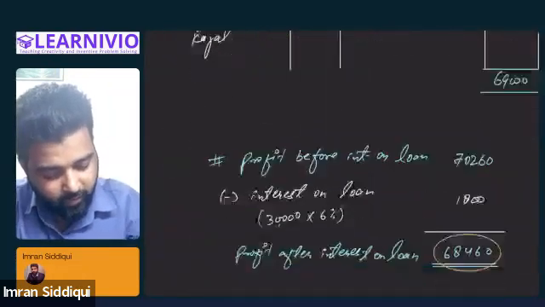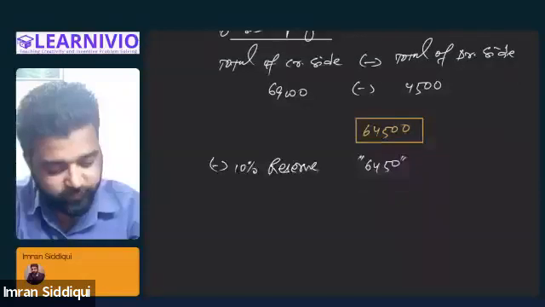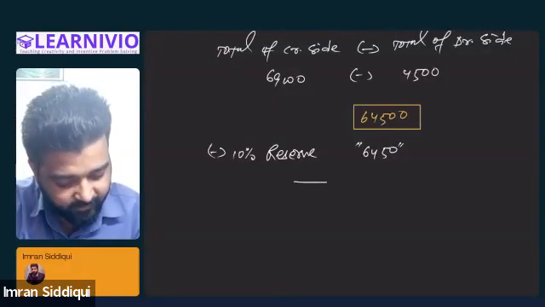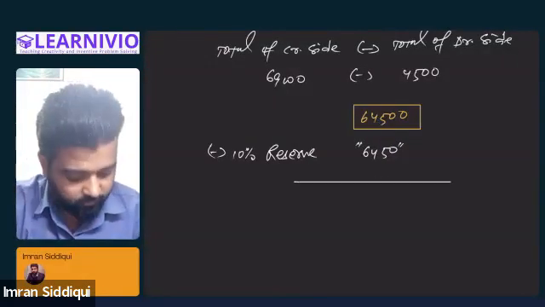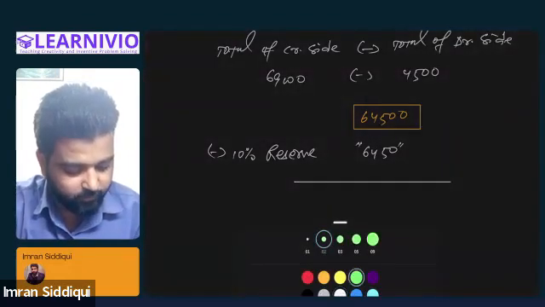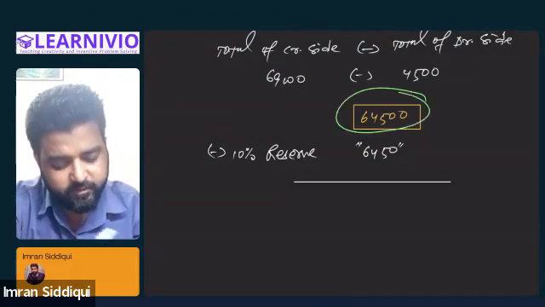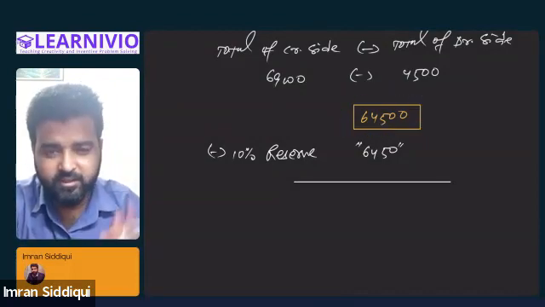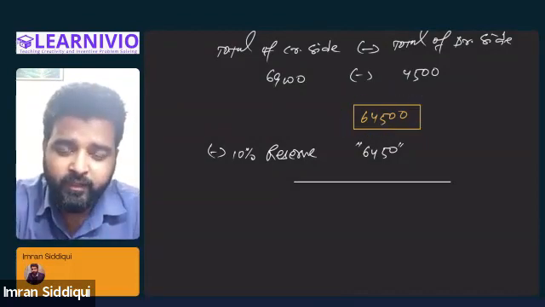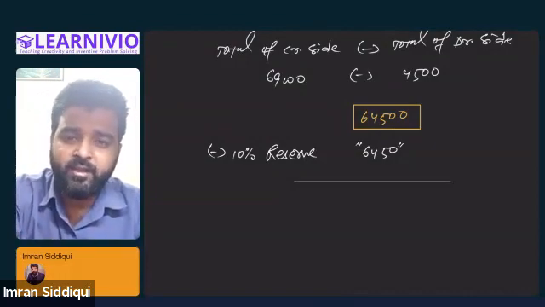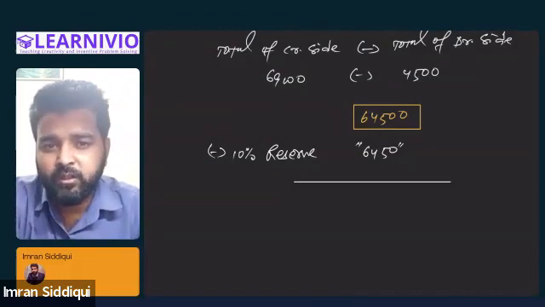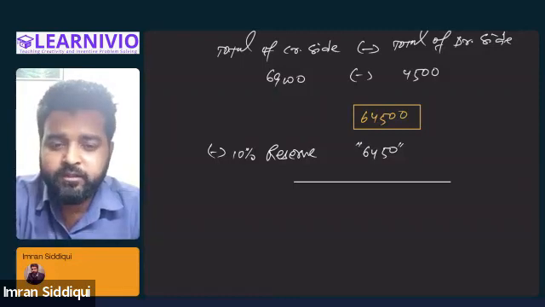Now, after subtracting 6450, whatever profit is left will be distributed among the partners. Usually, divisible profit is distributed among the partners, right? But in this case, we have to make a 10% reserve on the divisible profit, and then whatever amount is left needs to be distributed among the partners.